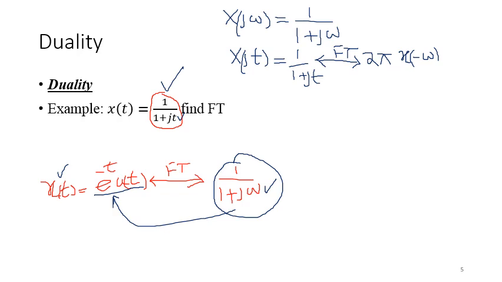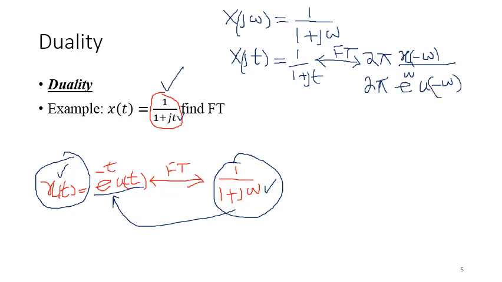The Fourier transform will be equal to 2 pi multiplied by x of minus omega, where this is your x of t. So what will x of minus omega be? It is simply replacing t by minus omega. Here we have e power minus t, so it will become e power minus and minus, which becomes plus, right? And u of t will become u of minus omega.